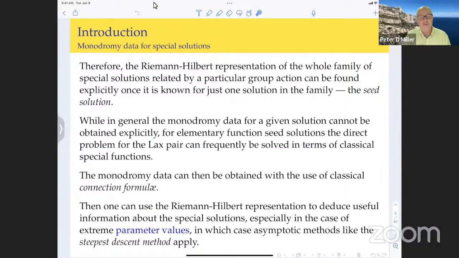So remember, we have this group action that's moving the parameter values around, and as such, we can make the parameter values very large, and then we're talking about an asymptotic analysis problem in Riemann-Hilbert theory. So we may use these Deift-Zhou steepest descent techniques that Marco mentioned in his talk. And we can learn some information that's useful and interesting about these solutions.